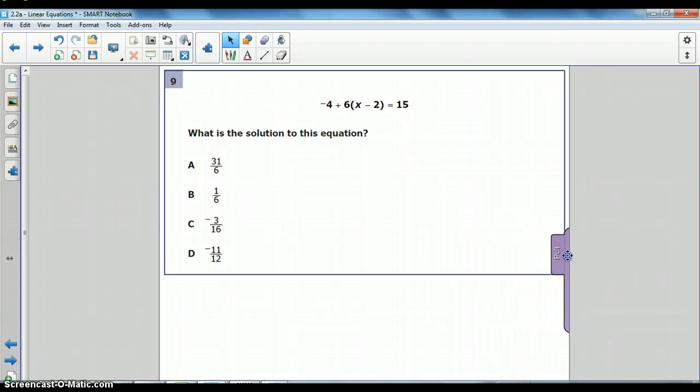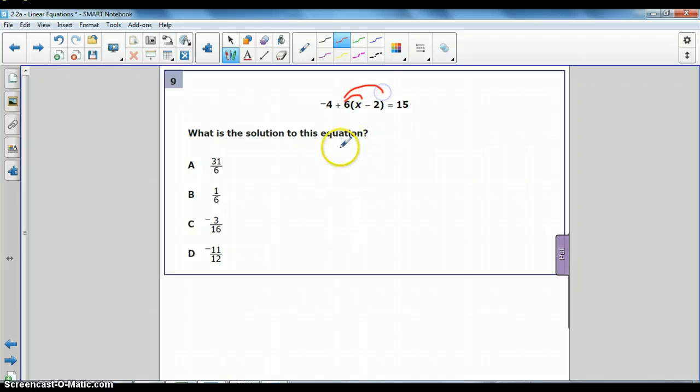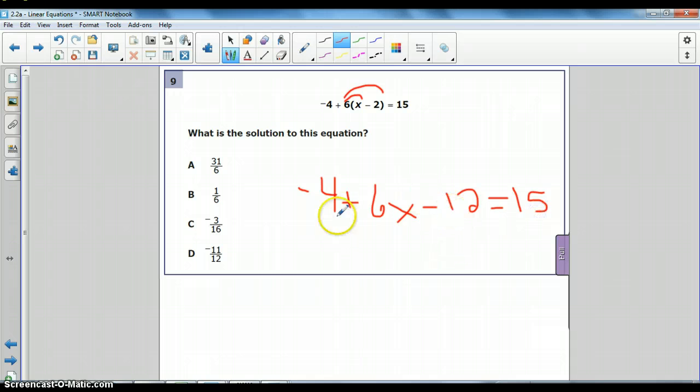My point is, on the solve equations ones, I'm trying to get you to use your calculator, because A, it'll help you do it a little quicker, and B, you can check your work this way. If you wanted to solve it, you would distribute and get negative 4 plus 6x minus 12 equals 15. Then you combine, and you get negative 16 plus 6x equals 15.